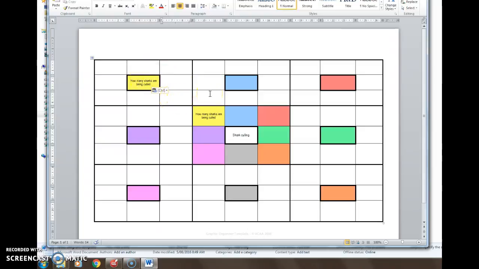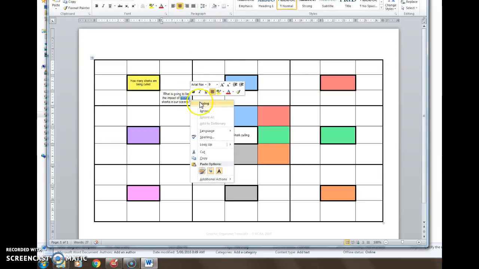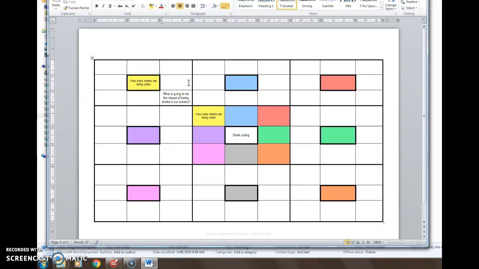So the numbers of sharks being culled, what is going to be the impact of losing sharks in our oceans. Helps if you can spell. Are shark numbers decreasing as a result of culling?